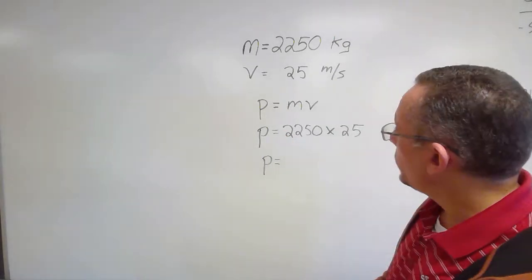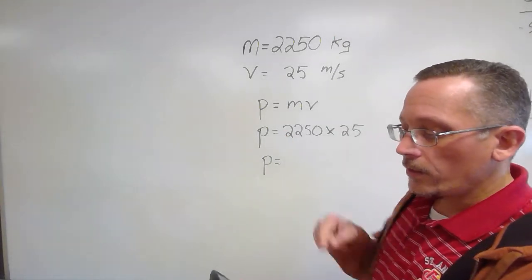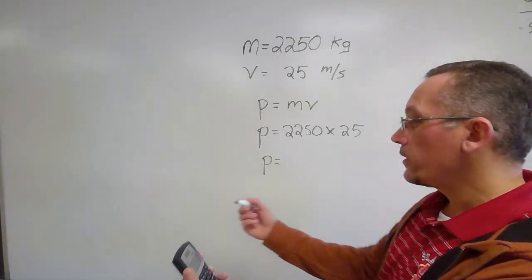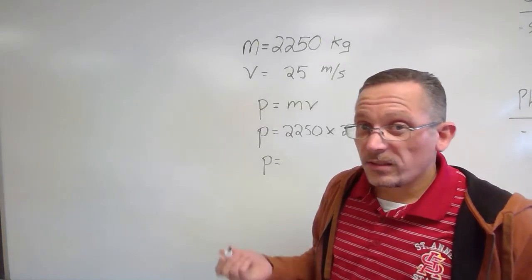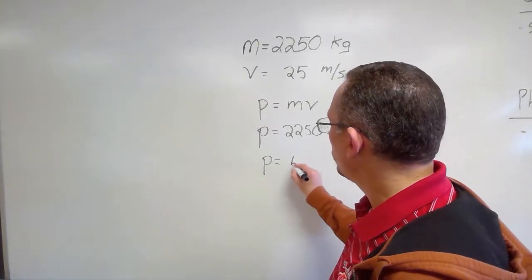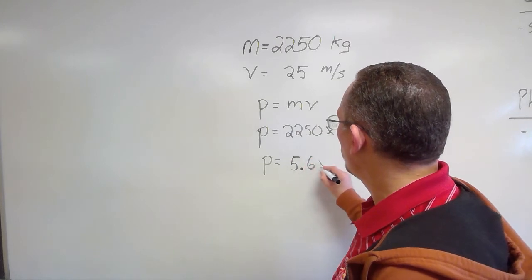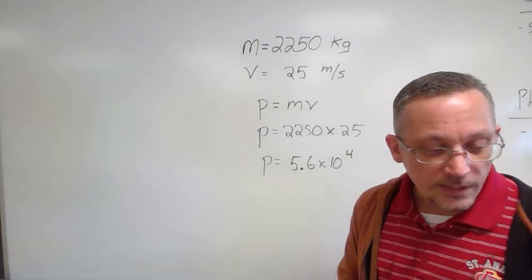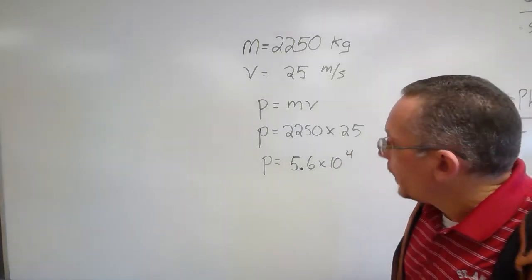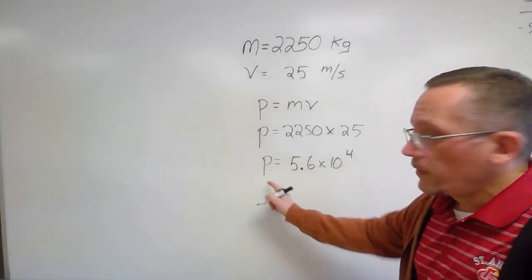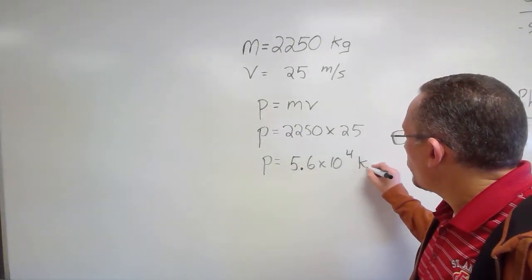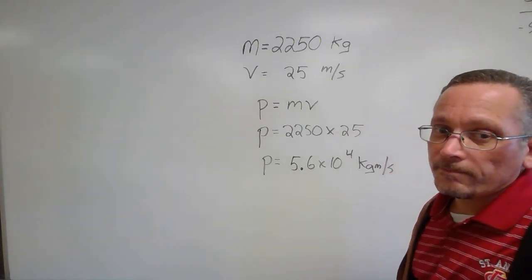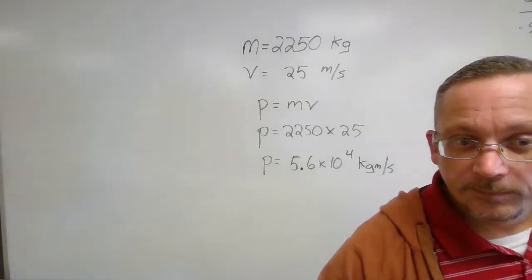We're going to want two significant figures. So I got 56,250. I'll round that off to 56,000. And let me write it in scientific notation because it's a bigger number. 5.6 times 10 to the fourth is 56,000. And then what units are we going to put on that? Since it's a momentum, it's kilogram meters per second. So easy.